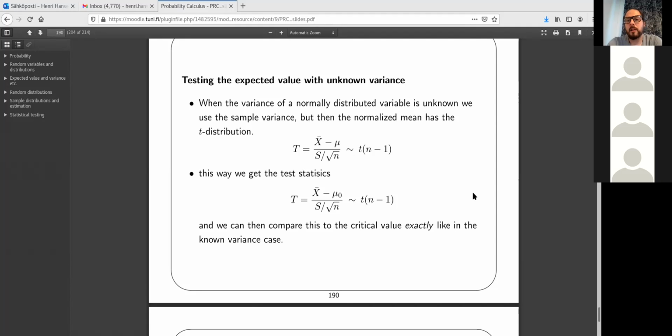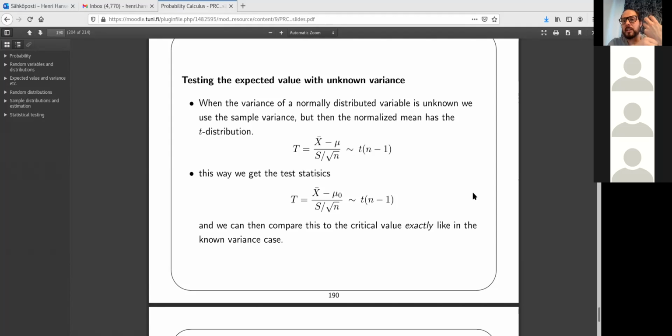Again, the normalized mean: you have the hypothesized mean, mu, and the sample mean, x bar, and you take x bar minus mu, then you have a variable with 0 expected value, and then you should divide it by its standard deviation, which would be sigma over square root of n, because the variance is sigma squared over n.